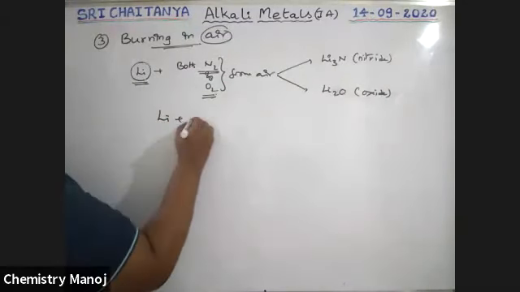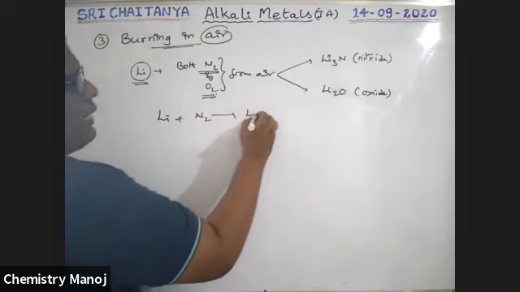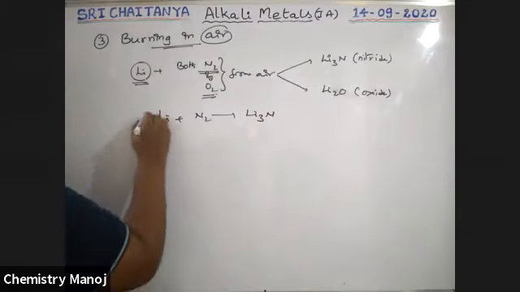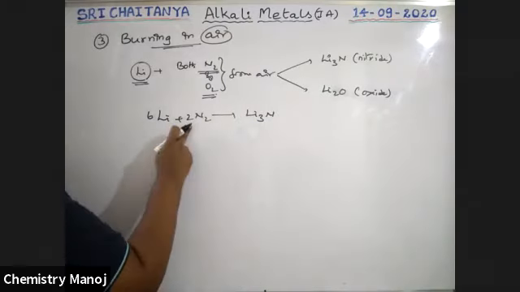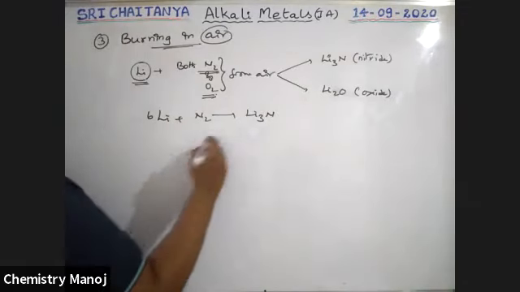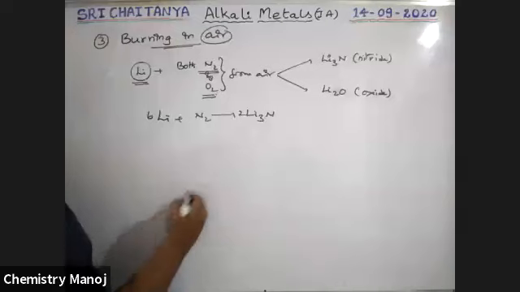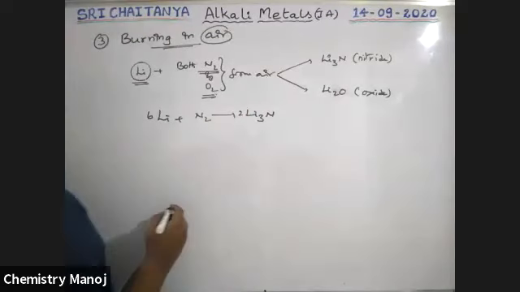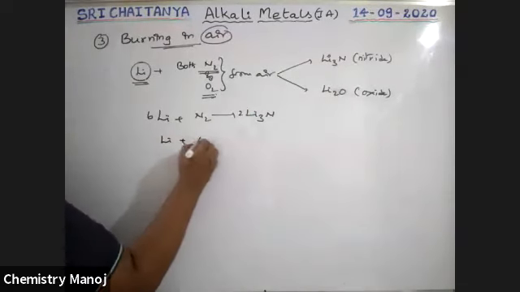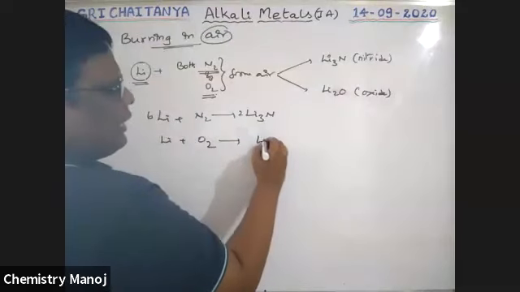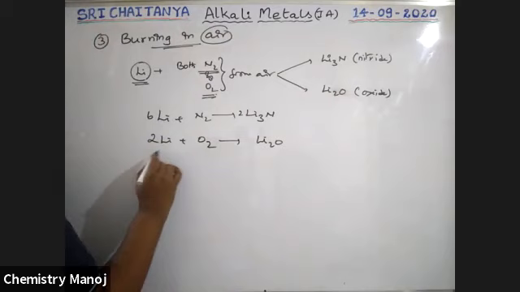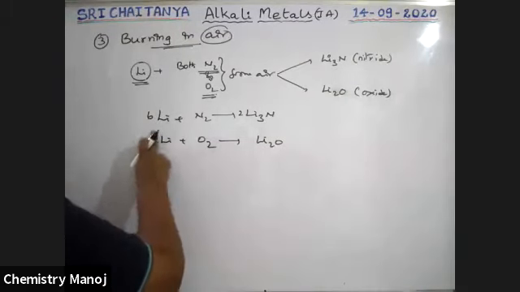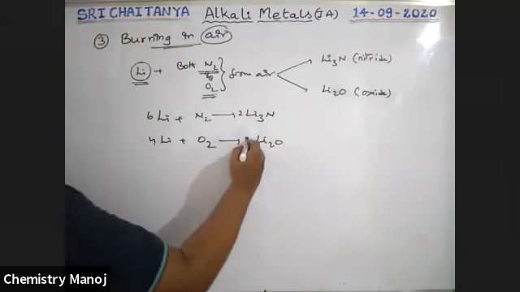Li plus N2 gives Li3N, that is 6 Li plus N2 gives 2 Li3N, lithium nitride. Lithium reacts with oxygen and gives Li2O: 4 Li plus O2 gives 2 Li2O.